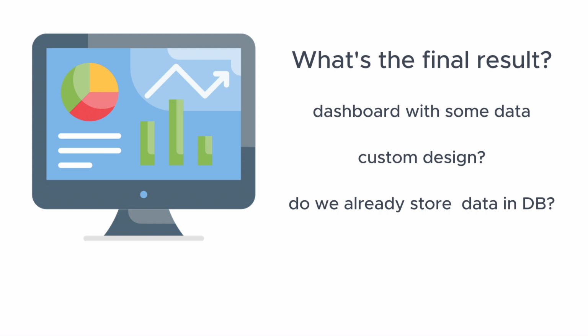And finally, how are we going to deploy the dashboard to the application? So you can start reflecting from the end result and coming closer and closer to the start to define the first priority tasks.